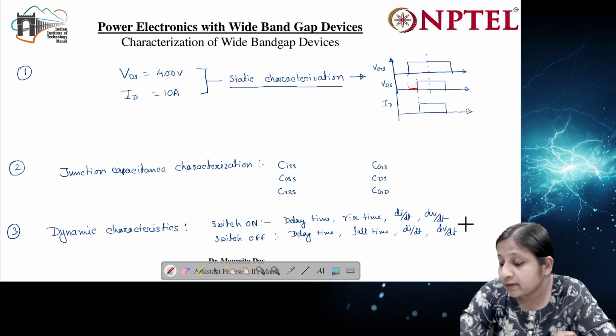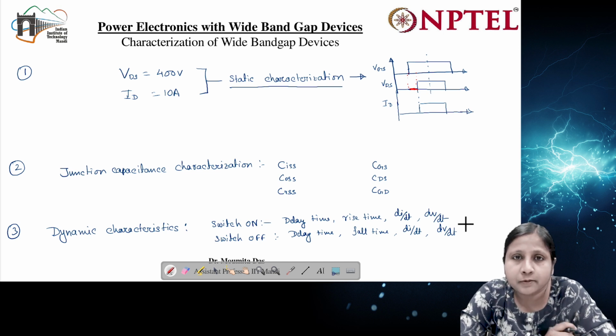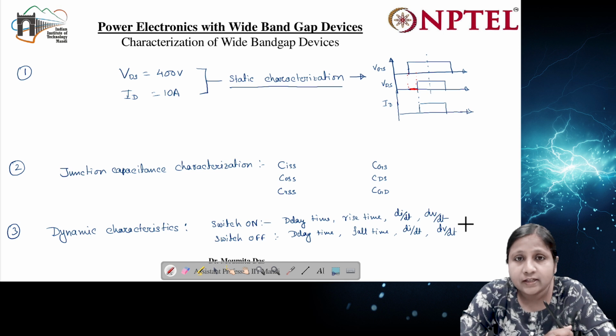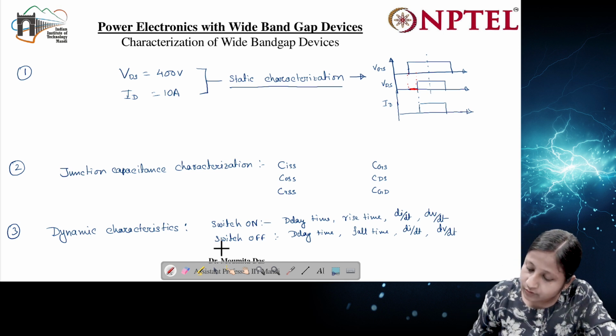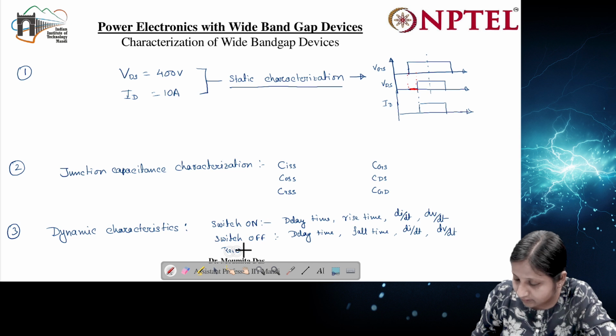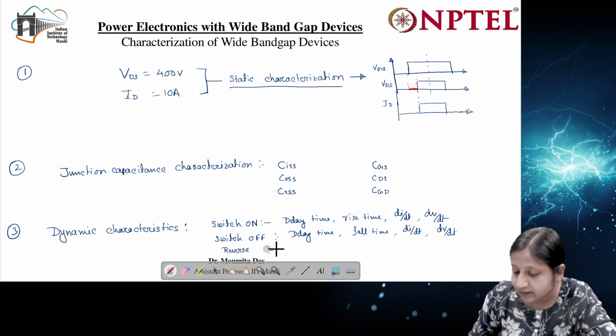Are these the only parameters which we can get from the dynamic characteristics? There is another important thing which we can get from the dynamic characteristics. What is that? That is the reverse characteristics. If there is any reverse operation in the device, we can get the reverse characteristics.